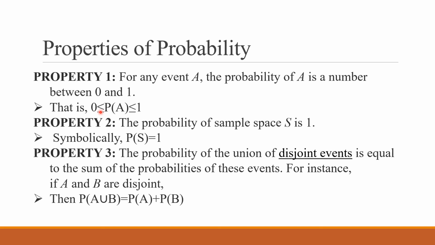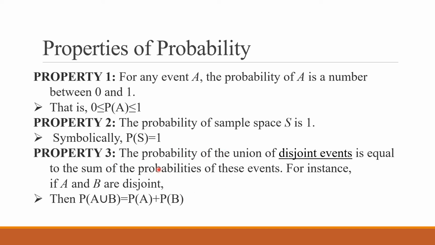If I get all those probabilities, then that should be equal to 1. In simple terms, if I'm tossing a coin and the outcome is a head, which is equal to a half, and I get a tail, then the probability of the head plus the probability of the tail is supposed to be equal to 1.